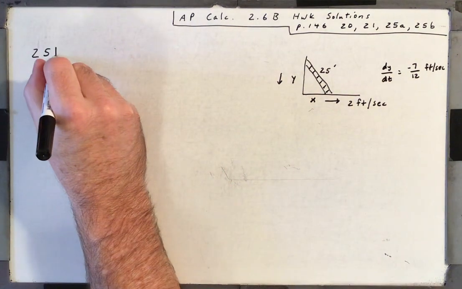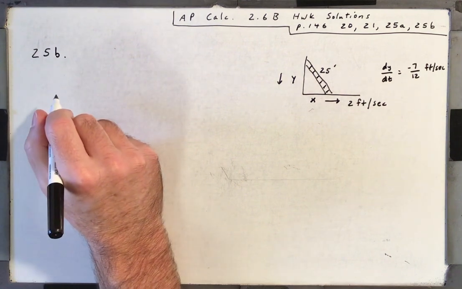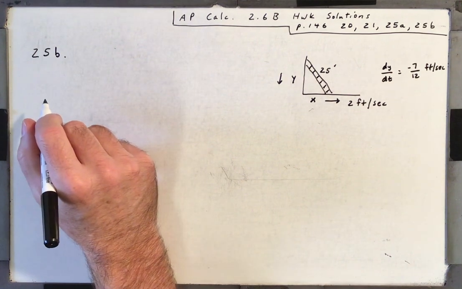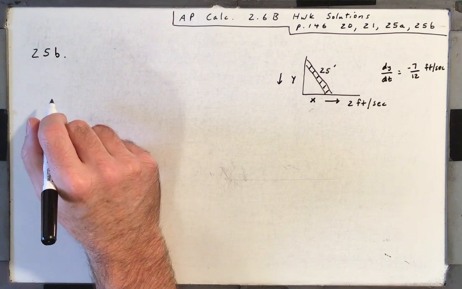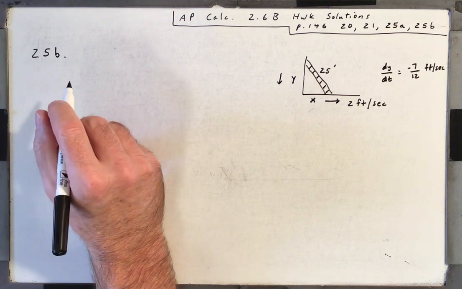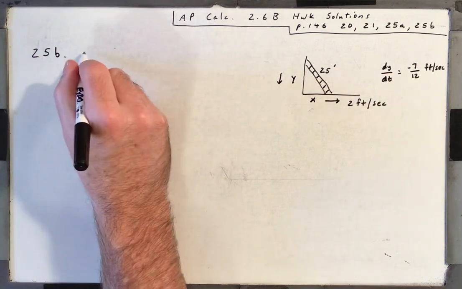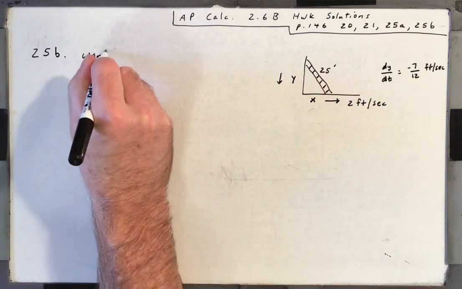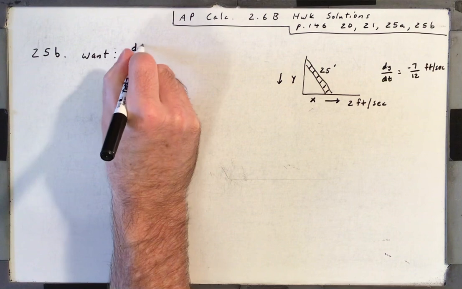All right, so 25b says, consider the triangle formed by the house, ladder, and the ground. Find the rate at which the area of the triangle is changing when the base of the ladder is 7 feet. So what we want is dA/dt.